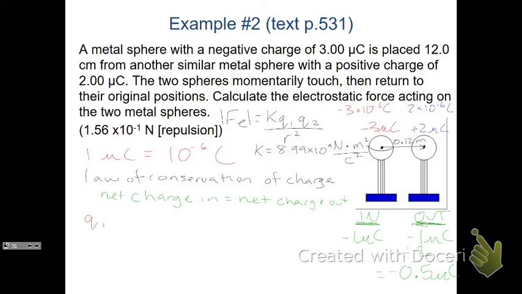That 8.99 times 10 to the 9 is your K value, Coulomb's constant.